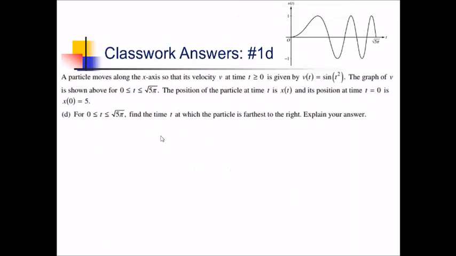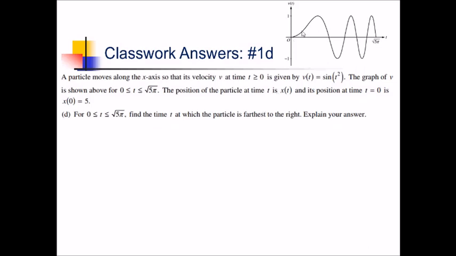For this problem, which is kind of the final boss battle of this free response question, I want to find the times between 0 and root 5 pi where the particle is farthest to the right. So I'm actually looking for the absolute max of this x of t function on the interval from 0 to radical 5 pi. So I could use the candidates test on this one.